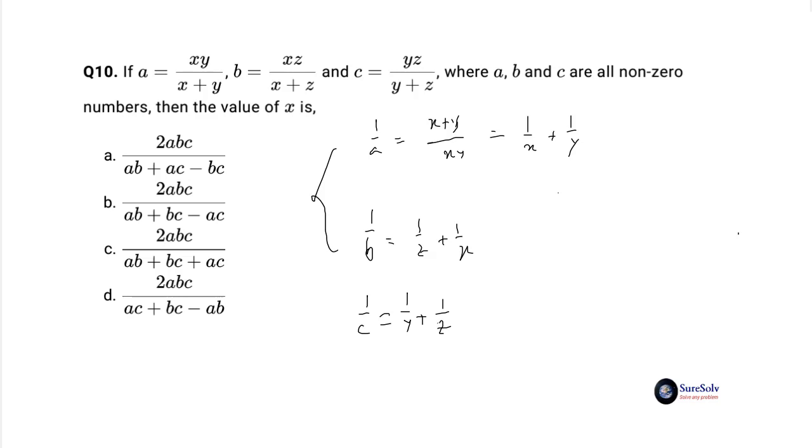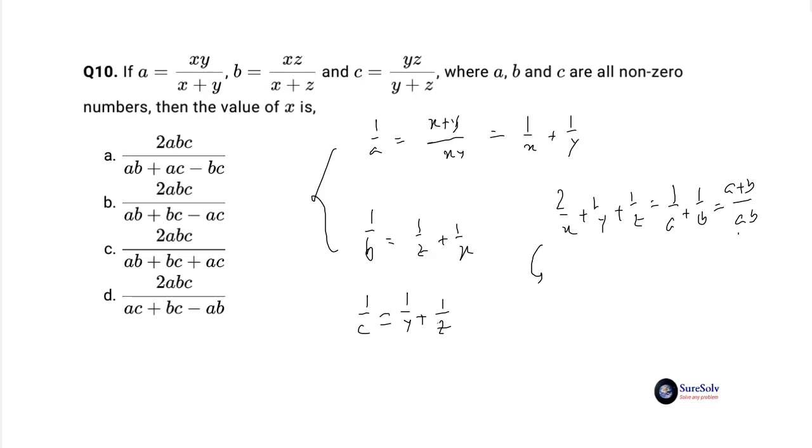To get 2 by x plus 1 by y plus 1 by z equal to 1 by a plus 1 by b equal to a plus b by ab.